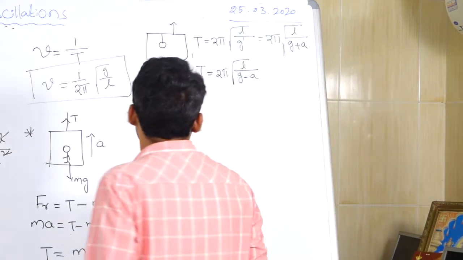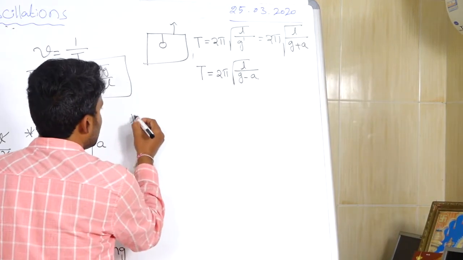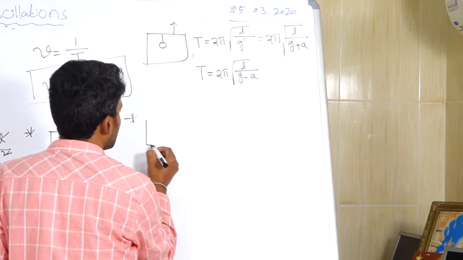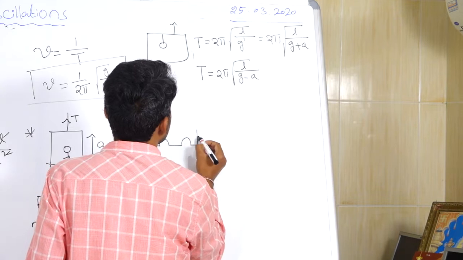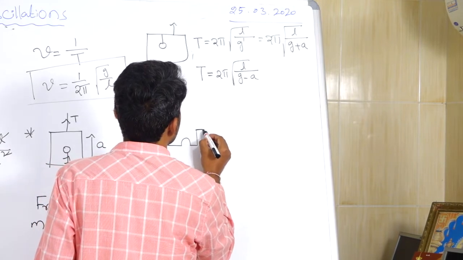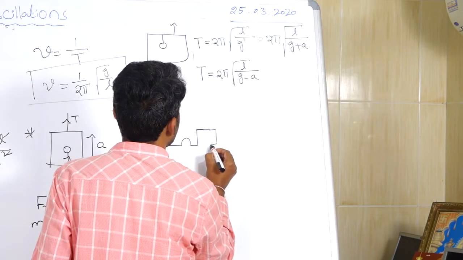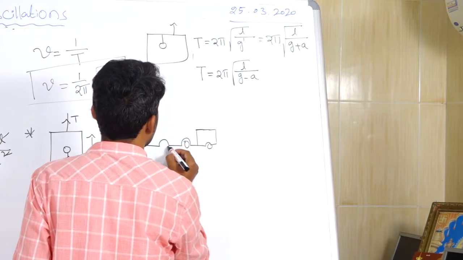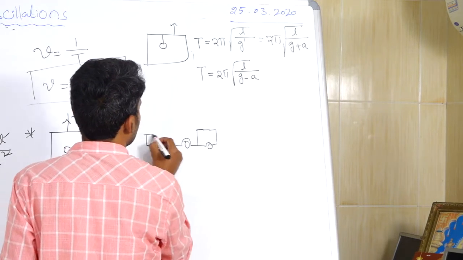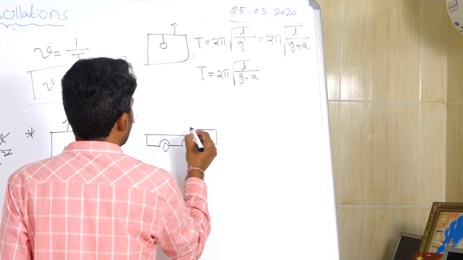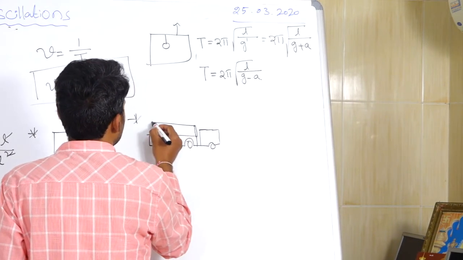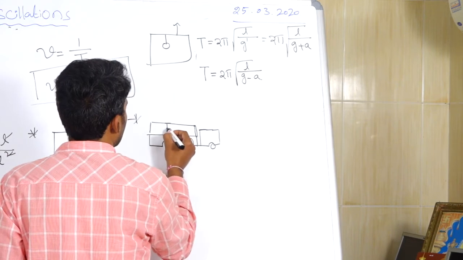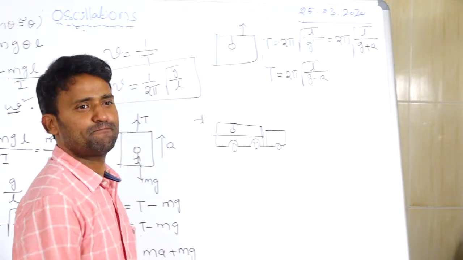And one more. For example, I am taking a truck. See here, it is one truck. One simple pendulum is placed in it.